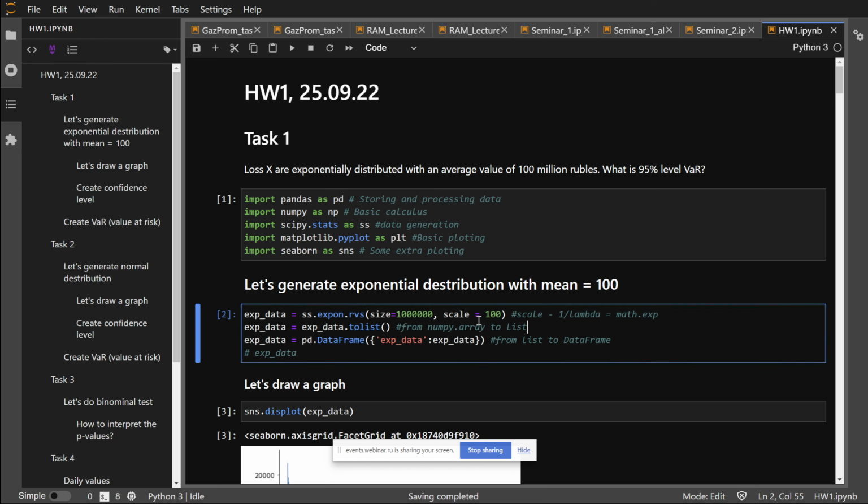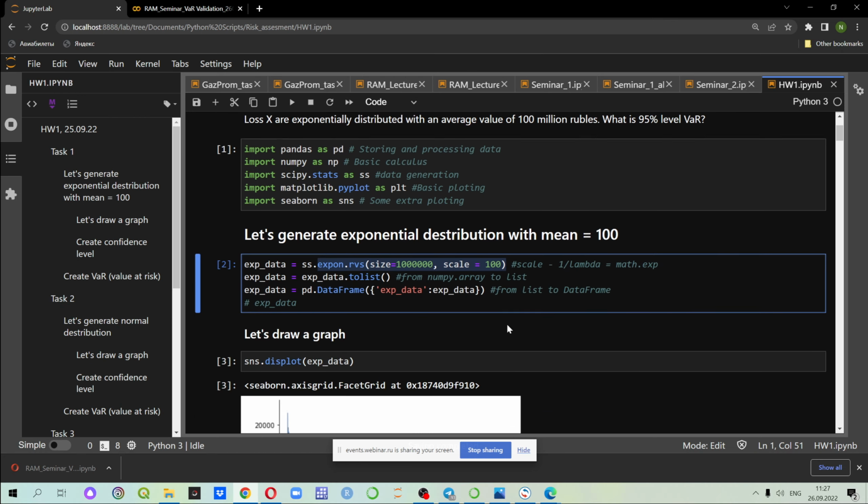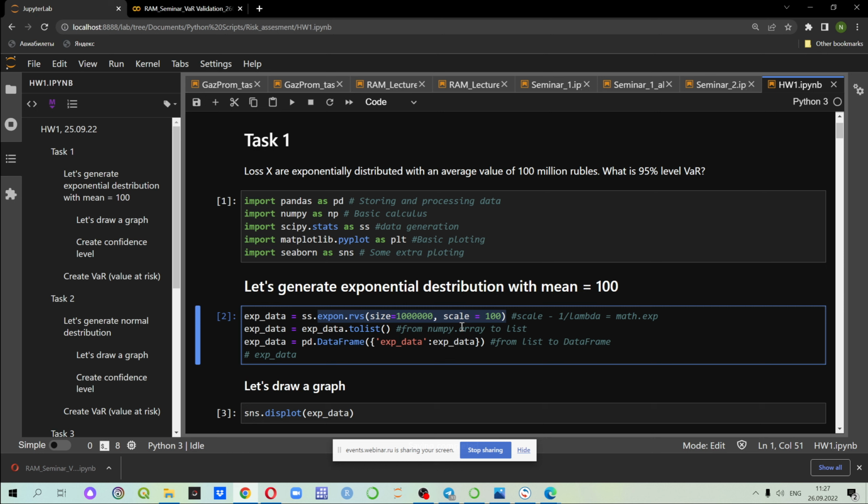If we look up the syntax of the exponential distribution, we'll find that it requires one attribute, 1 divided by lambda, which is the math expectation, so it's the mean.